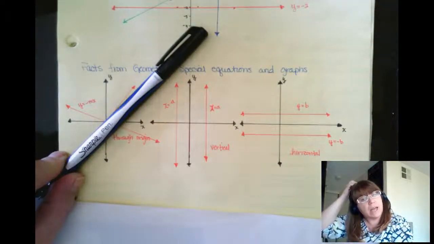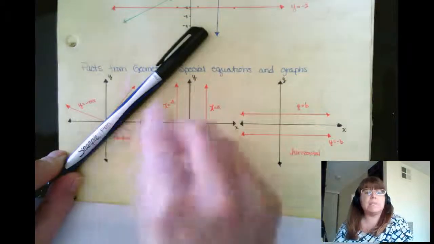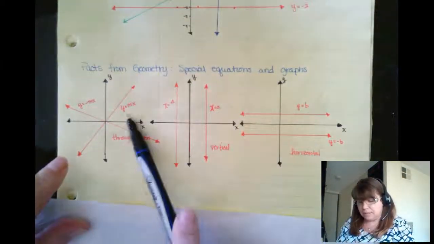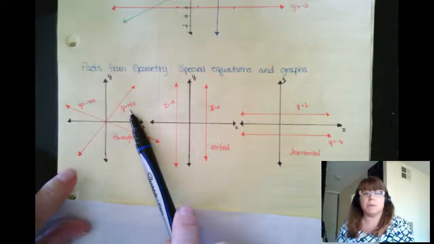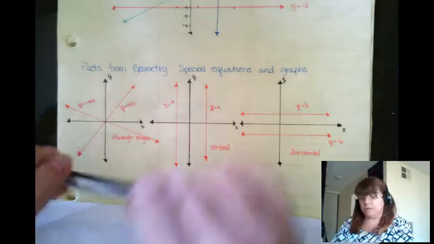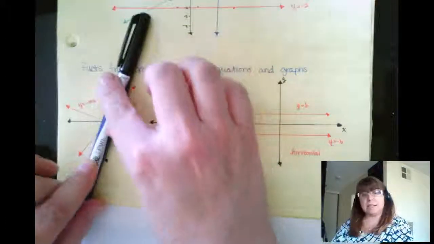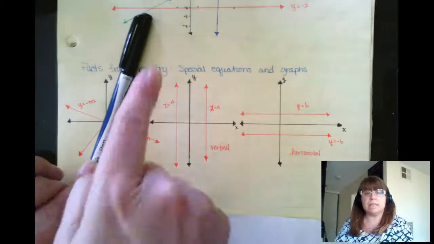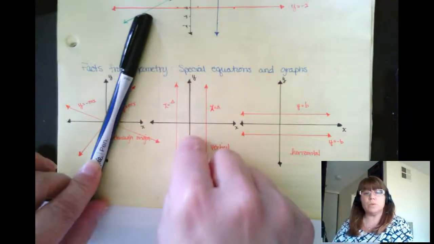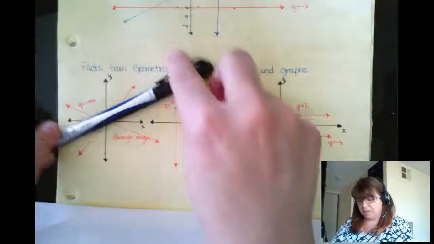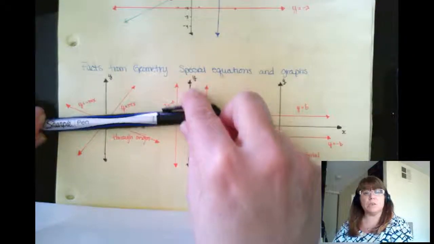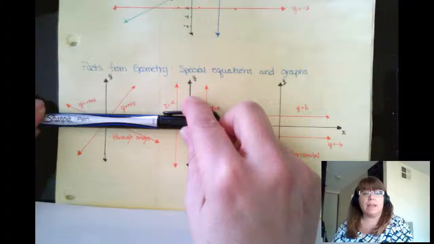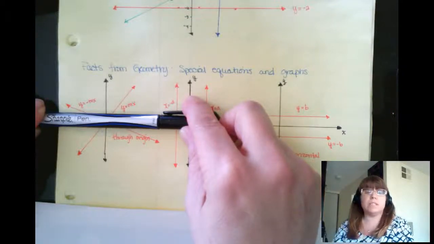If m is a big number, the line gets more steep. The closer to 0, the flatter it becomes, until it reaches a horizontal line, and the slope of a horizontal line is 0.